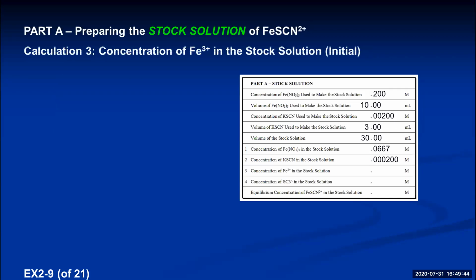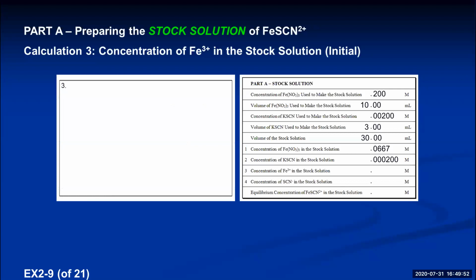Third calculation. What's the concentration of the iron 3 ions in the stock solution? So this is more of a conceptual question. We know that the solution is now going to be 0.0667 molar in iron 3 nitrate. We calculated that in calculation number 1. This is an ionic compound. When ionic compounds dissolve in water, the ions separate from each other.